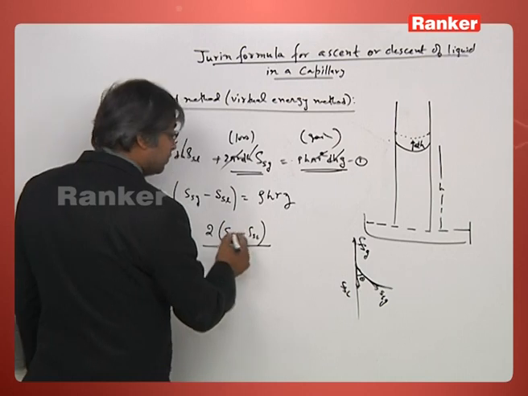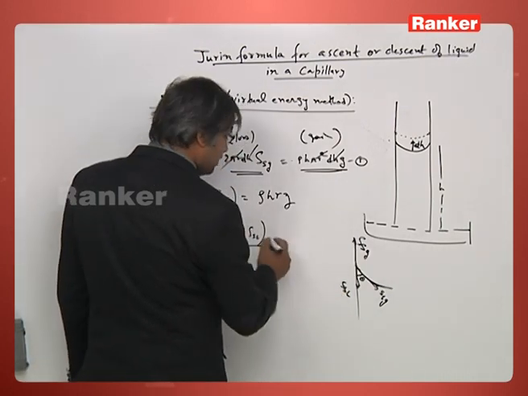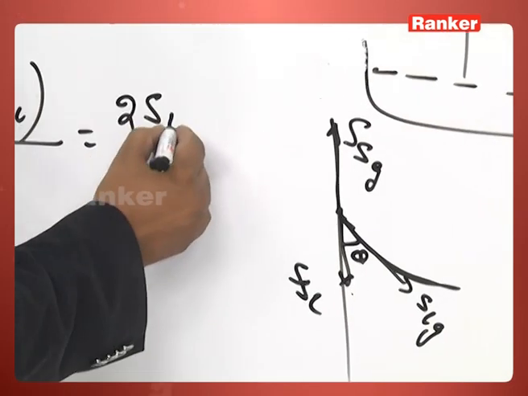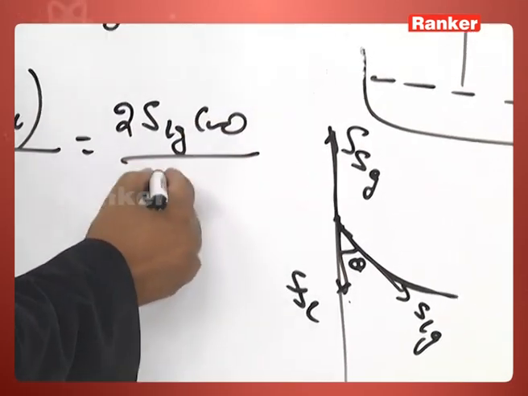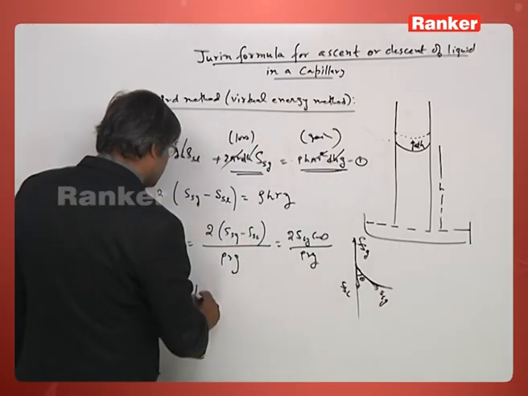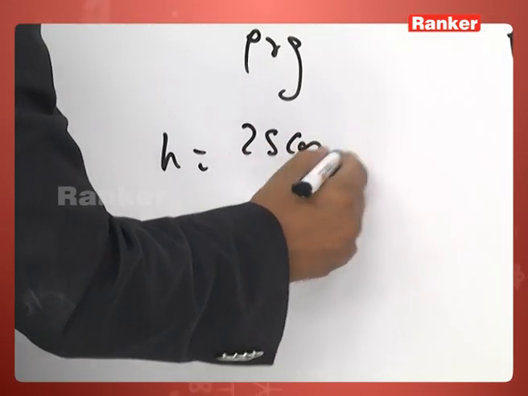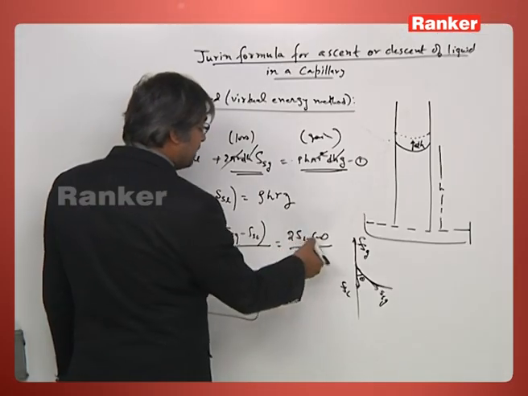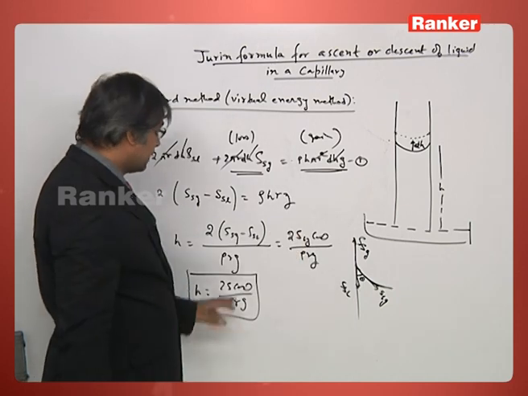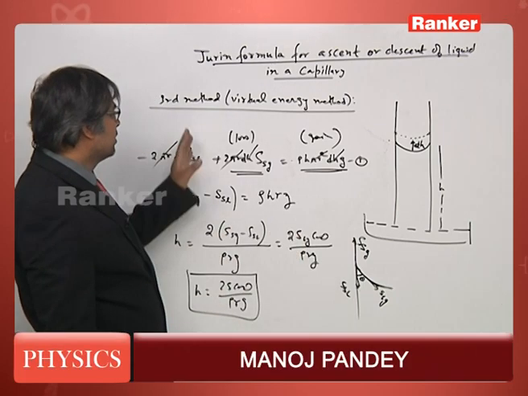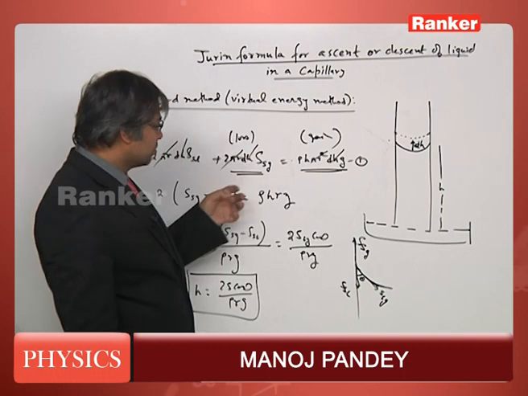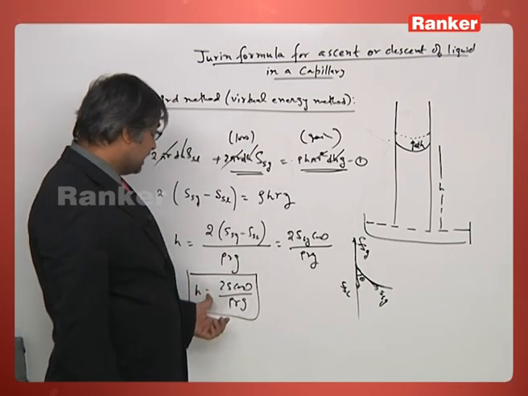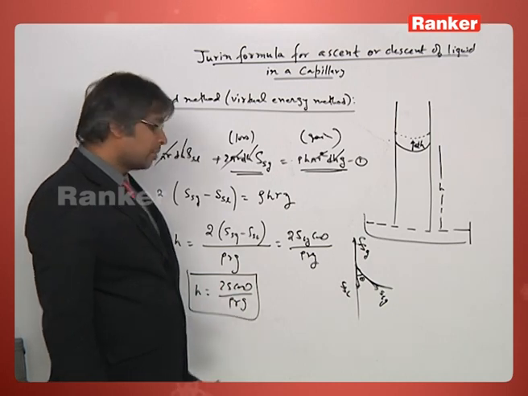So, this term Sg minus Sl was equal to the surface tension of liquid and gas times cos theta, which comes out to be 2s cos theta by rho r g. So, no need of every time writing liquid in contact with gas, that is S only. Thus the virtual energy method also gives the same expression for Jurin's formula, that is h capillary is 2s cos theta by rho r g.